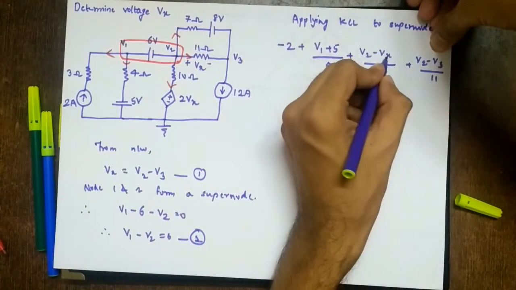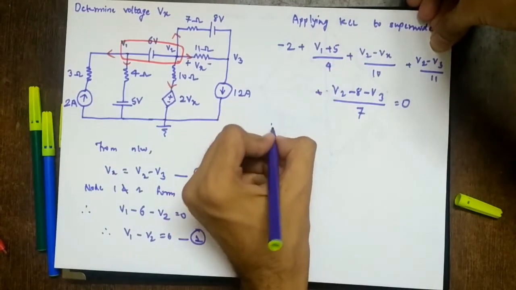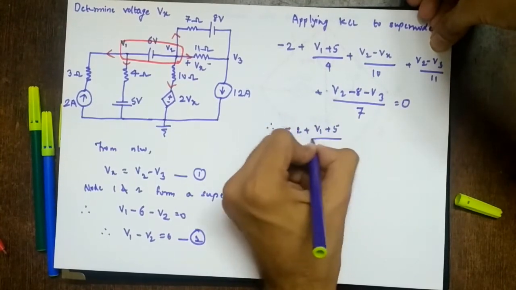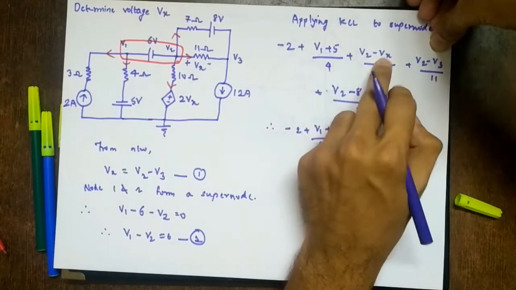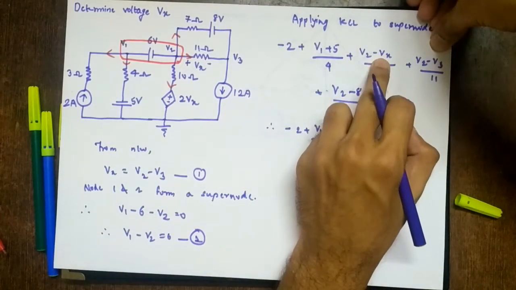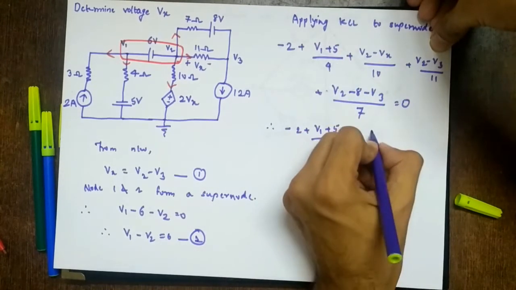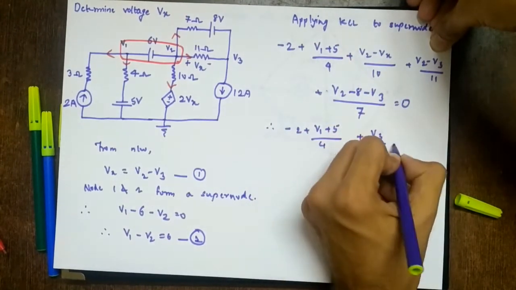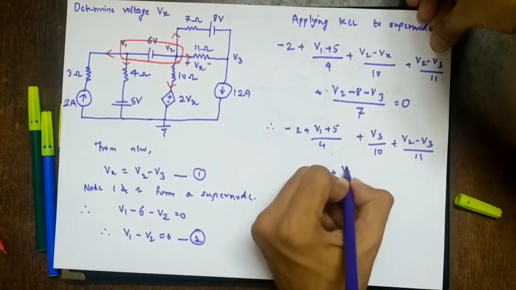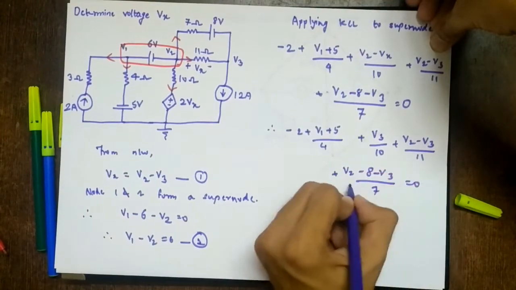So we have one extra term here, Vx. So substitute, Vx is what? V2 minus V3. So therefore minus 2 plus V1 plus 5 upon 4 plus, Vx is V2 minus V3, so it will be V2 minus V2 plus V3, so it is only V3 upon 10, plus V2 minus V3 upon 11, plus V2 minus 8 minus V3 upon 7 equal to 0.